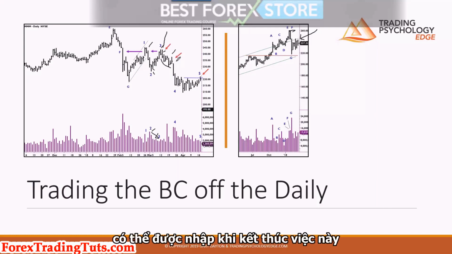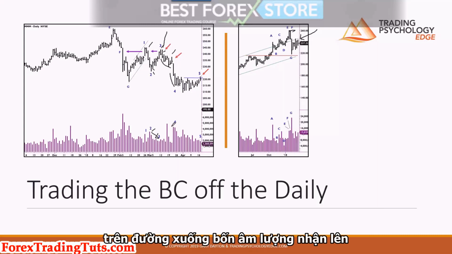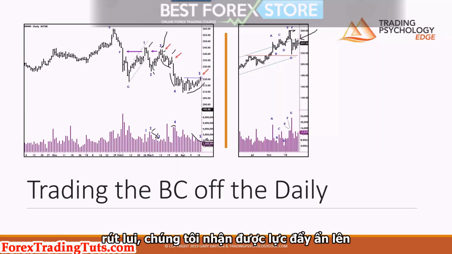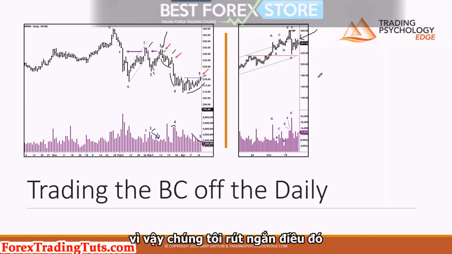That can be entered on the close on this daily. We drop down to this level, a little bit lower, and then we come back up again. I notice on the way down to 4, volume picks up to the downside. As we push up, volume is receding. We get the hidden upthrust there right at the end of, well, this is beyond the end of this chart, so we short that.